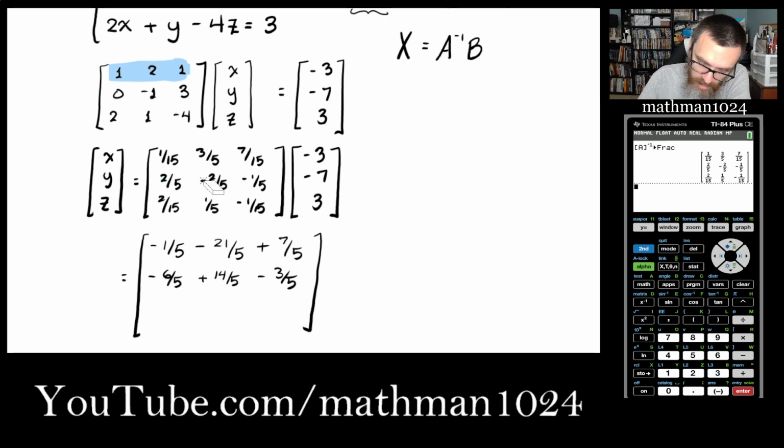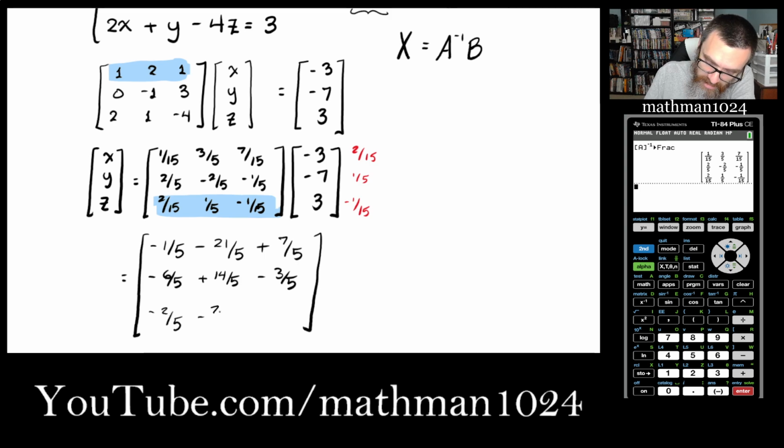And then do this one last time with that last row. So flip that guy, 2 over 15, 1/5, negative 1 over 15. So that gives me negative 2 over 5, negative 7 over 5, and then negative 1/5 when you simplify that.